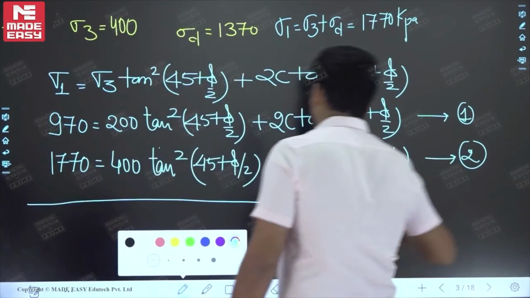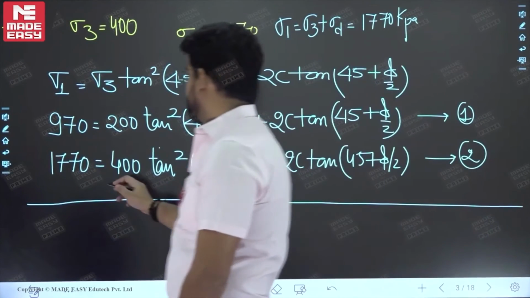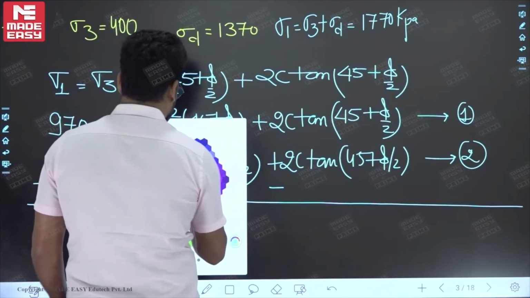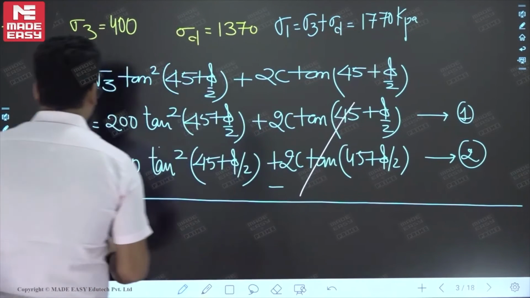Okay. So now we are doing subtraction, and hence the 2c term will be cancelled out.